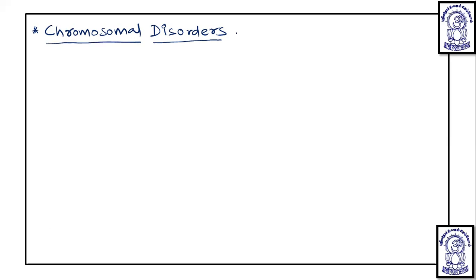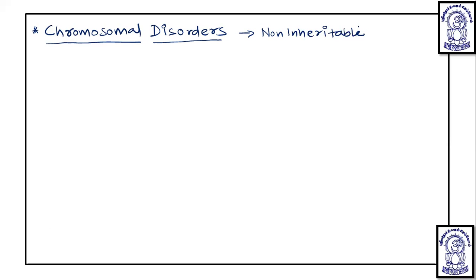So first we are starting with the important one, that is chromosomal disorders. We have just studied that chromosomal disorders are non-inheritable. They are not going to be inherited in the progeny. It means they can be present in the parents, but cannot be observed in the next generation or offspring.